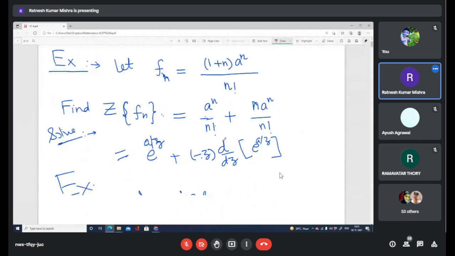So let Z transform of the sequence Fn be F(z), in region |z| greater than 1 by R. Then the limit of Fn as n tends to infinity equals the limit of (z minus 1) F(z) as z tends to 1. So we have to prove this one.